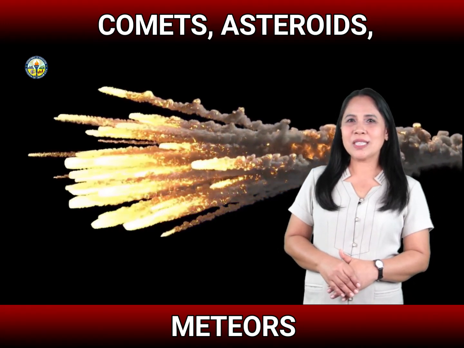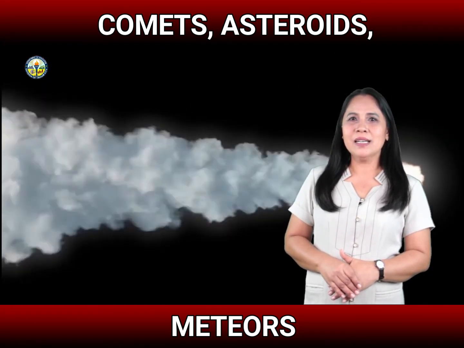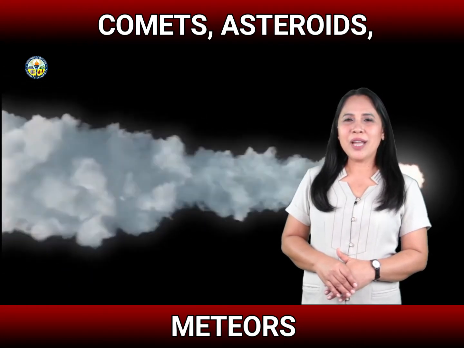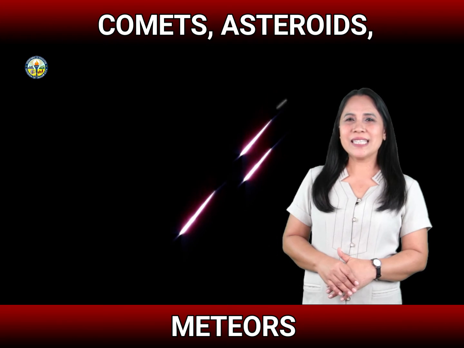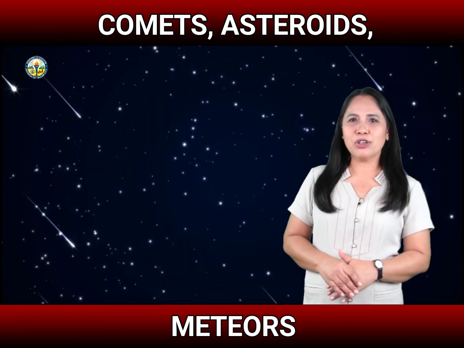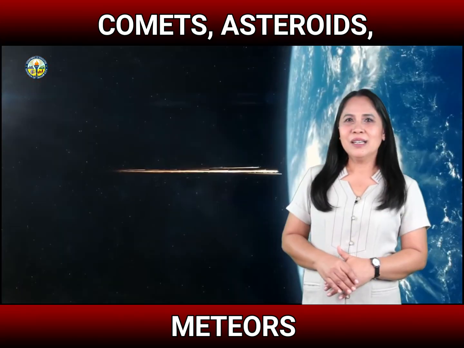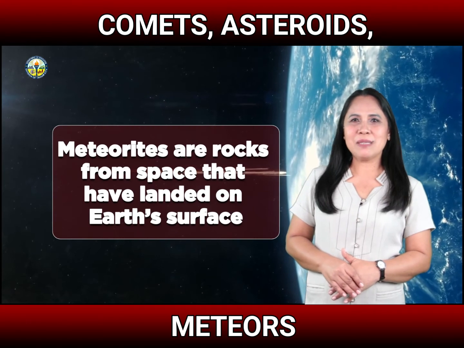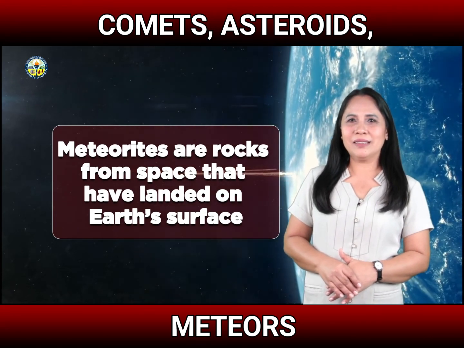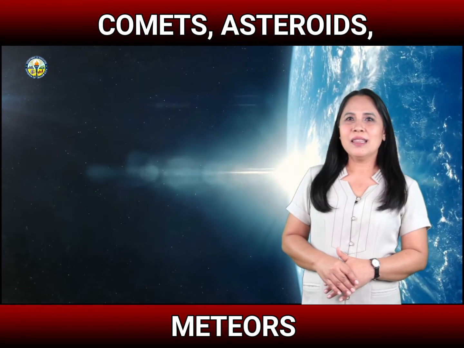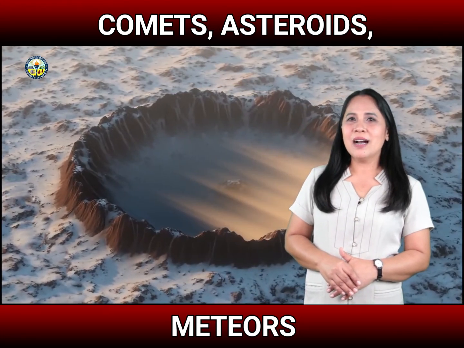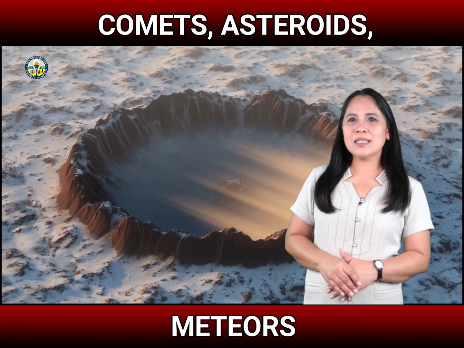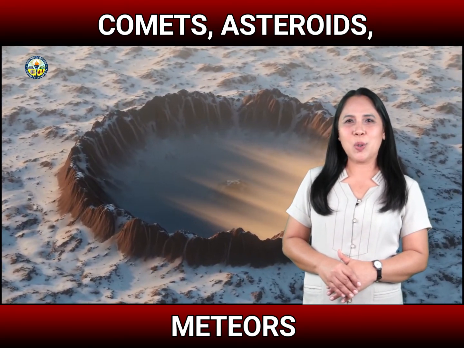These visible streaks of light and the particles that are moving in our atmosphere are what we call meteors, or simply shooting stars or falling stars. Meteorites are rocks from space that have landed on Earth's surface. They may have been fragments of past meteor impacts hundreds, thousands, or millions of years ago.